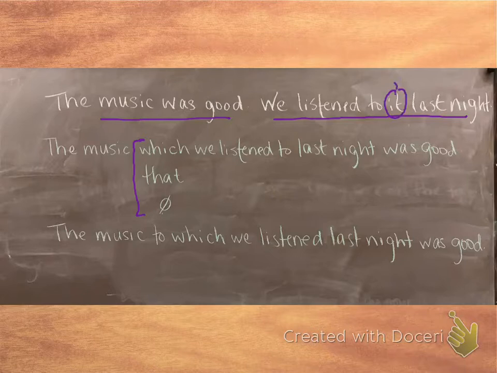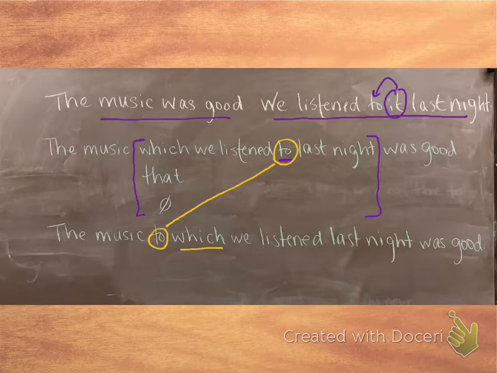Okay, so it is an object of to. And here's our adjective clause. The music which we listened to, there it is right there, last night was good. And again, just as an academic style choice, we often choose to move that preposition to begin the clause.